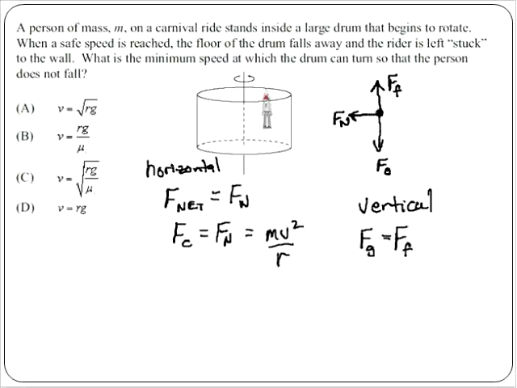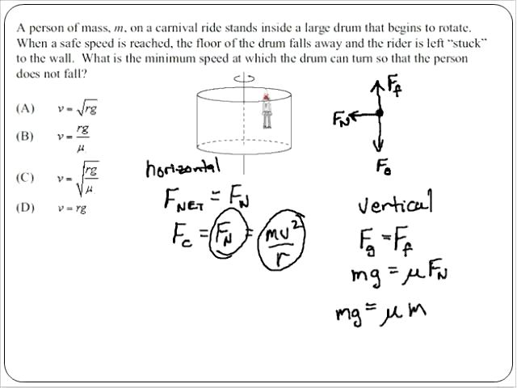So I can say that mg equals mu Fn, because force of friction is always mu Fn. But this time, Fn is equal to mv squared over r. So I say mg is equal to mu times mv squared over r. In other words, I substitute this in place of Fn.